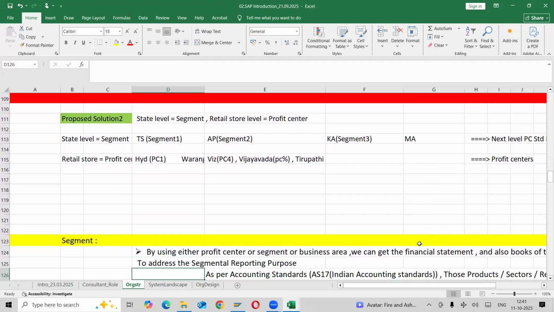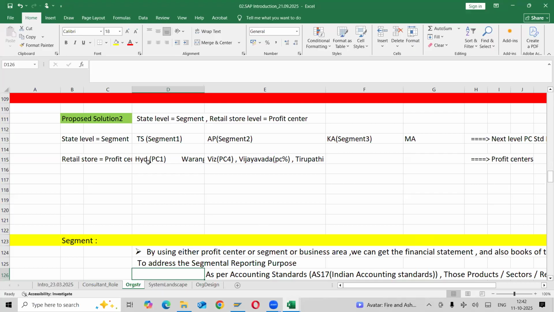Is this clear? This is as per area-wise. You said you want to determine profit as per area. Area-wise, we will get this with a segment also, not an issue.